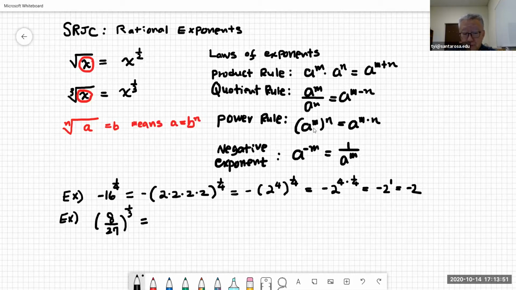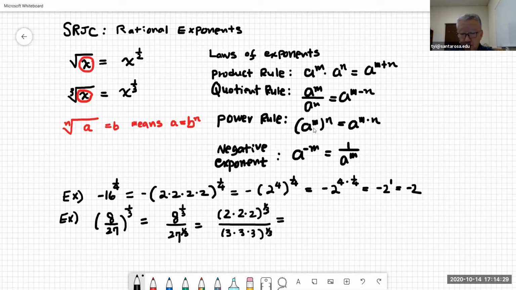So we can apply the power rule to top and bottom, which is 8 to the 1/3 and 27 to the 1/3. As I did in the previous problem, we're going to rewrite the base using the smallest base. So I can have 2 times 2 times 2 to the 1/3, and the 27, same thing, 3 times 3 times 3 to the 1/3.